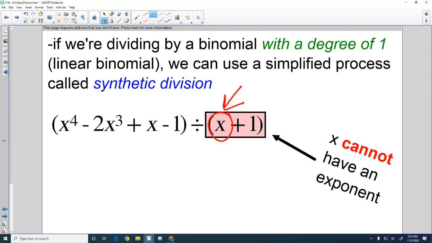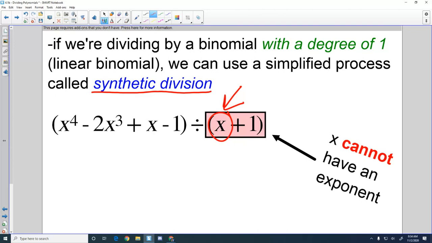And if you recognize that, then instead of using long division, we're going to use this really cool shortcut method called synthetic division. This is the second process I'm going to show you today. That's kind of weird because does anyone know what the word synthetic means? Have you heard that before? Something that's synthetic?